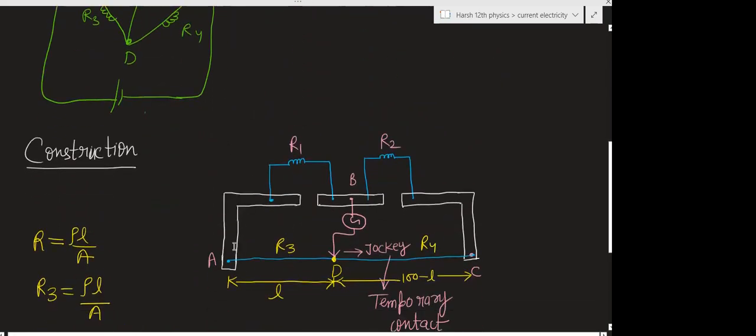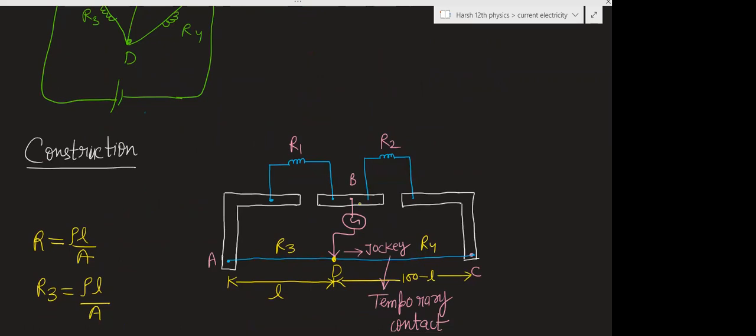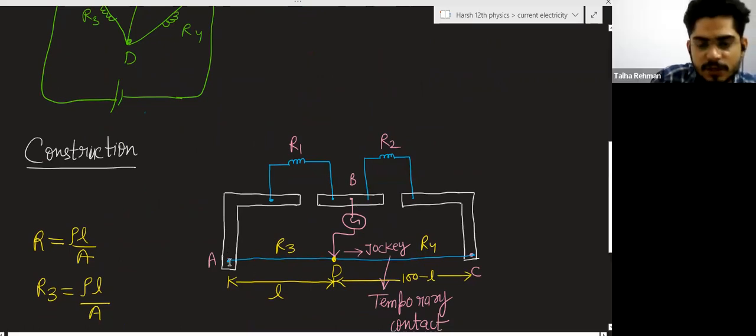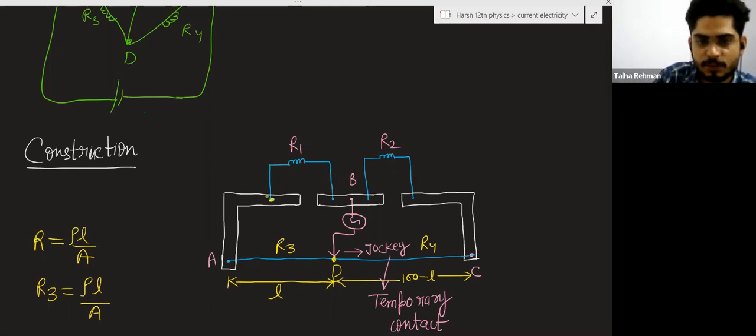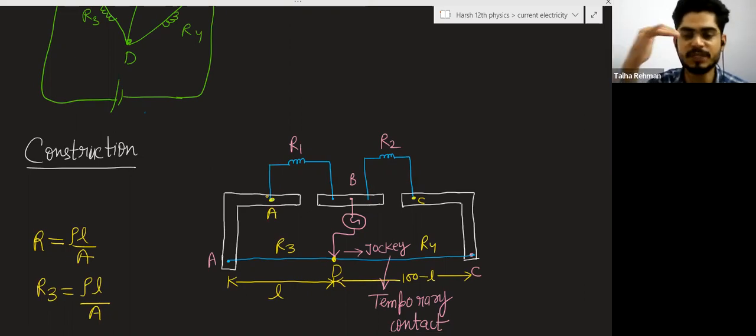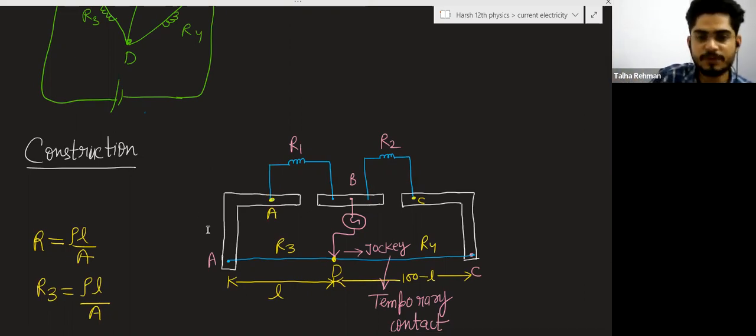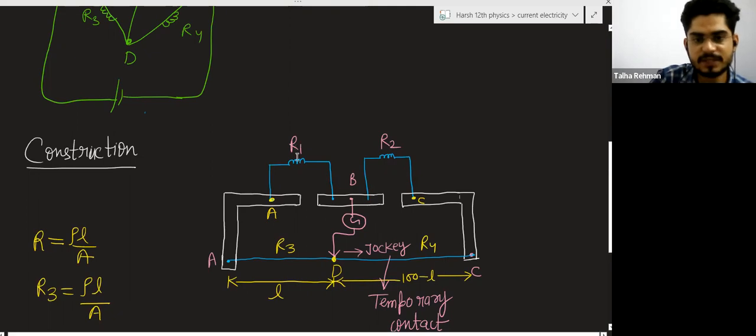If this point is A, the potential of this point is VA, and moving along the wire the potential of this point is also VA. You can suppose this point as C also, because on a conducting wire the potential remains the same.